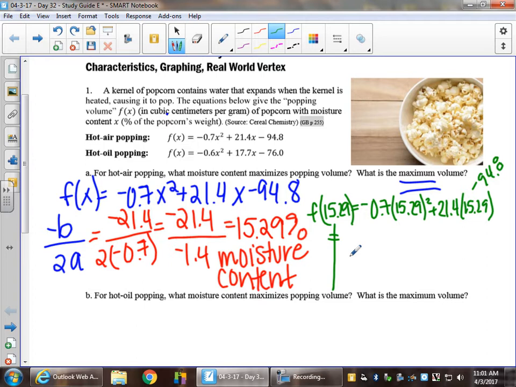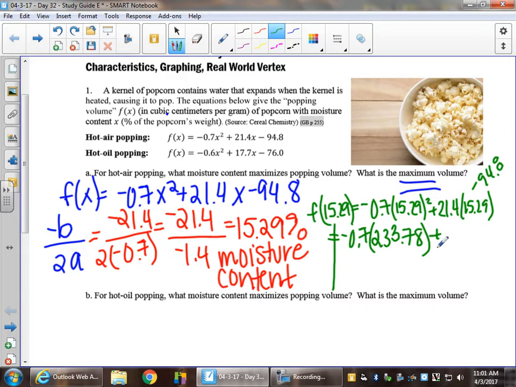What is the first order of operations? Square that, 15.29. And what is that? 233.78.